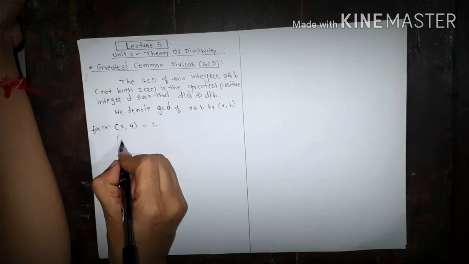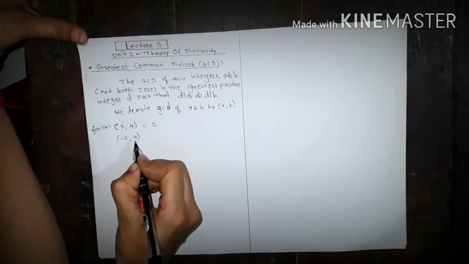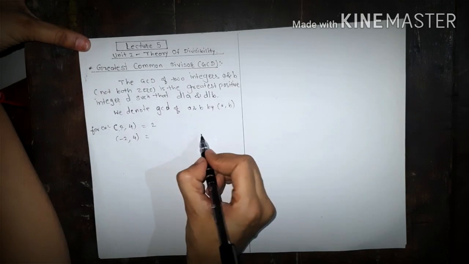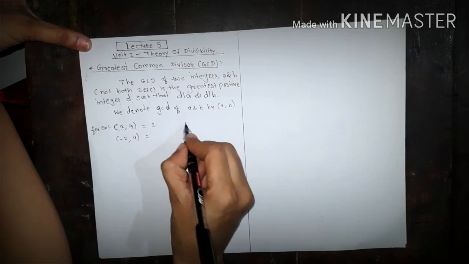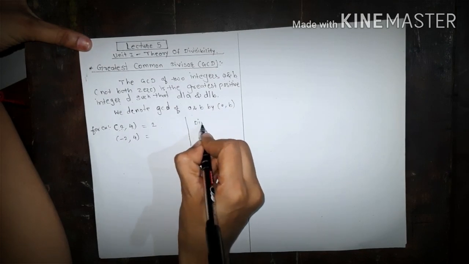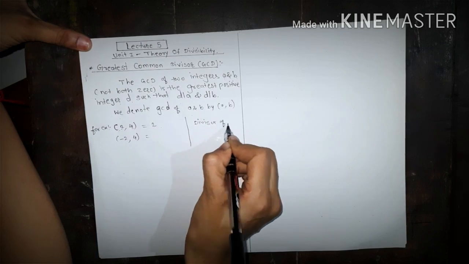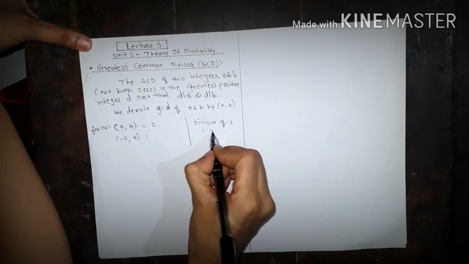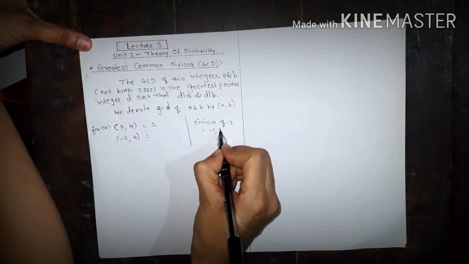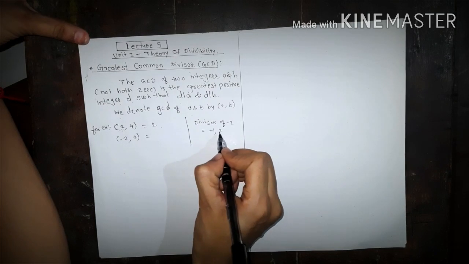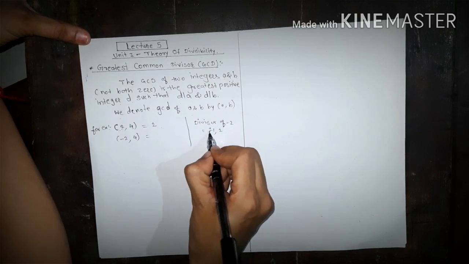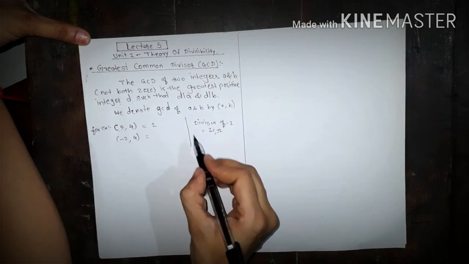What is the GCD of minus 2, 4? Again the divisors of minus 2 are plus minus 1 and plus minus 2, right?